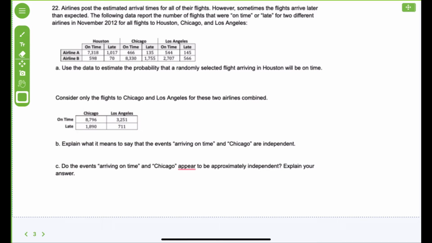Okay, so what we have to do is take the sum of them arriving on time, which would be 7,916. I'm going to write it up here.